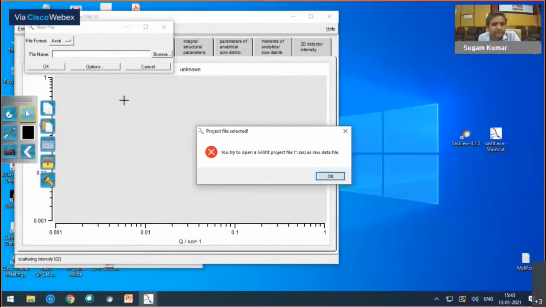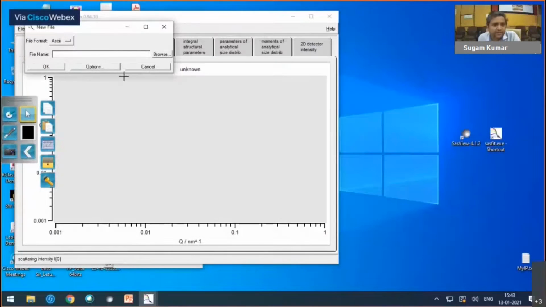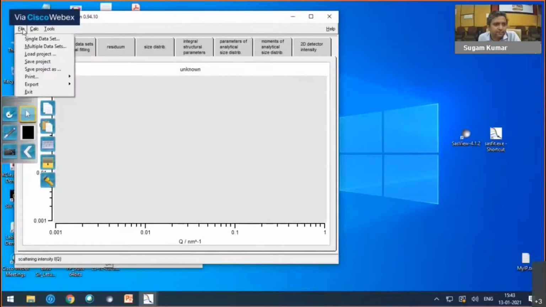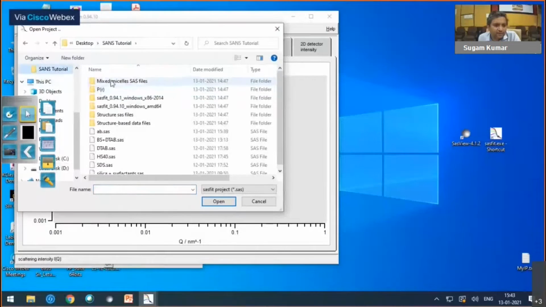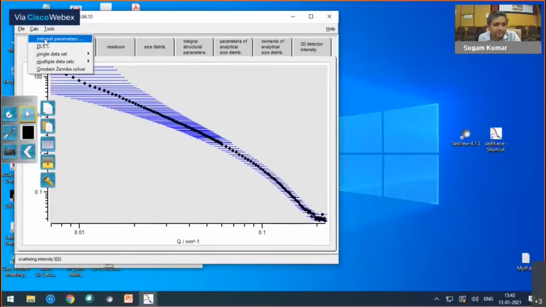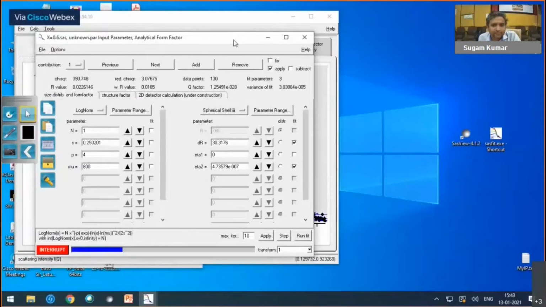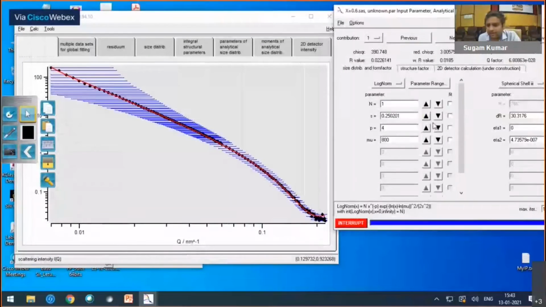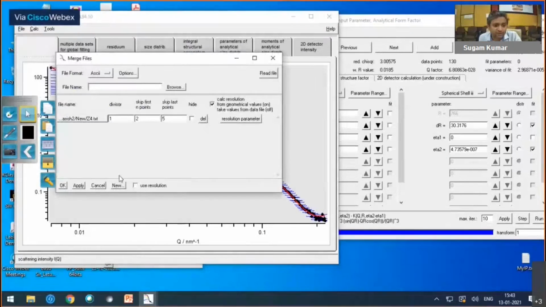So this I have already done. I am just loading those SAS files. This is the fit. This is for bilayer vesicle, unilamellar vesicle. Let me show you another one.